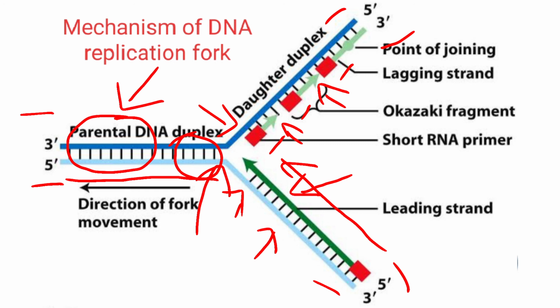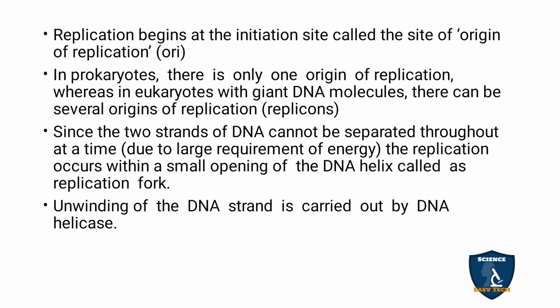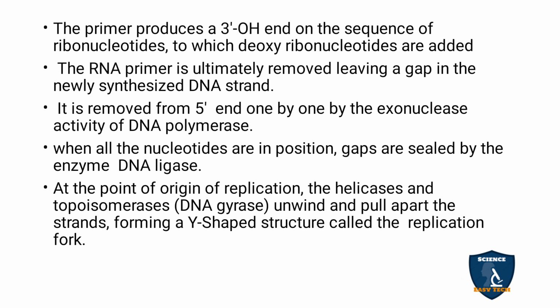So please remember the DNA polymerases, helicases, topoisomerases, DNA ligase and nucleases. These are the enzymes involved in the mechanism of DNA replication and formation of the replication fork. So now you understand it with the help of the diagram.